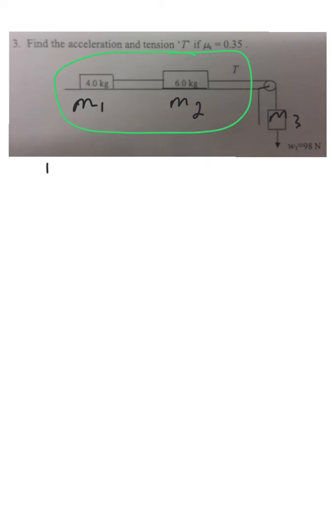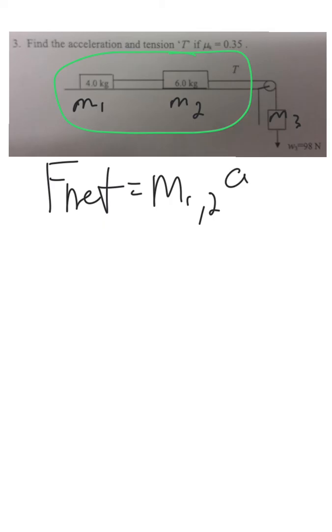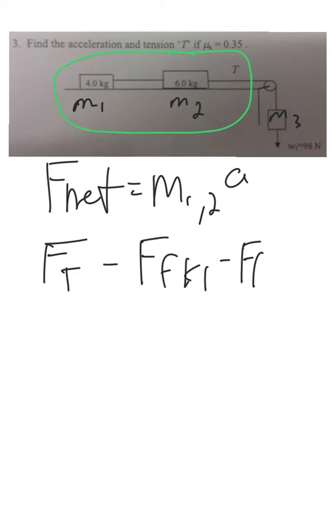We would have F net equals M1,2A. So that tells me I'm only looking at mass 1 and 2. I'm ignoring mass 3. The F net in this situation is going to be Ft minus force of friction kinetic 1 minus force of friction kinetic 2 is equal to MA.